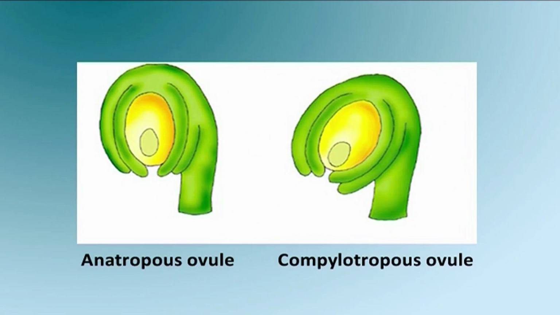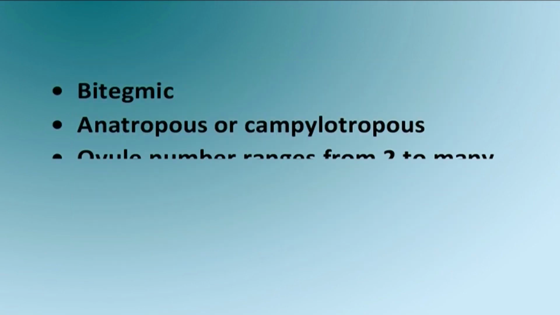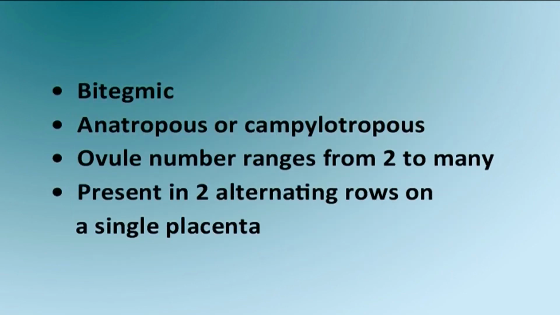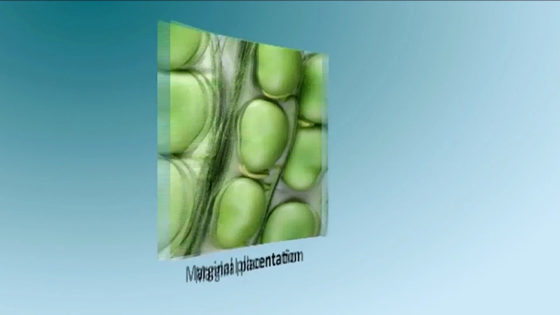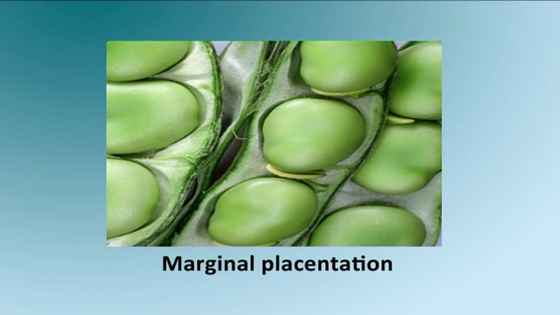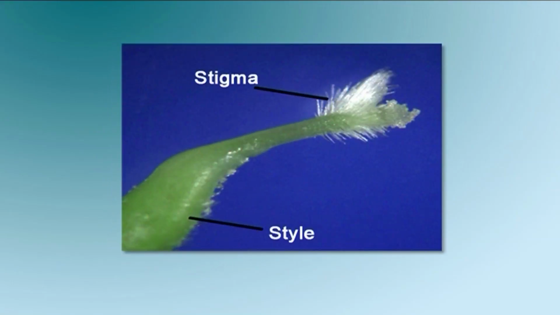Ovules are bitegmic, anatropous or campylotropous. Their number ranges from 2 to many, present in 2 alternating rows on a single placenta. Placentation is marginal. Style is simple and bent, stigma 1, flattened or feathery.